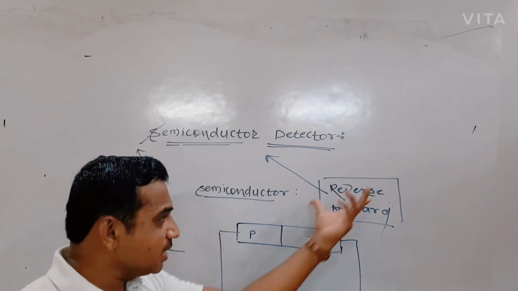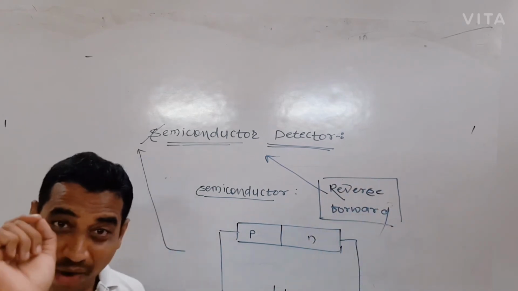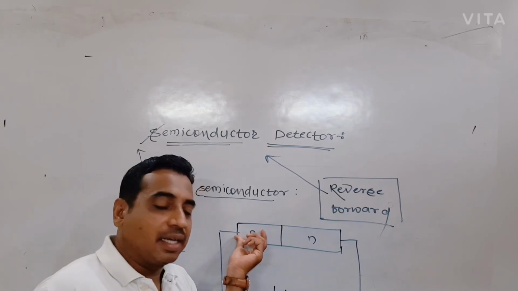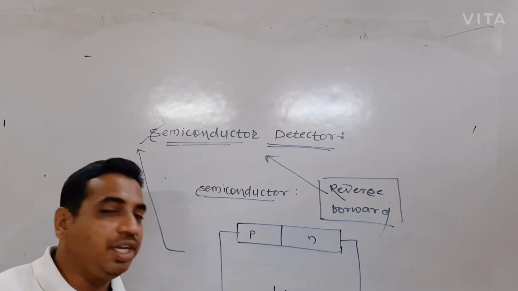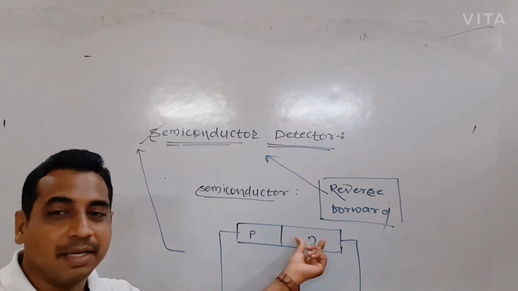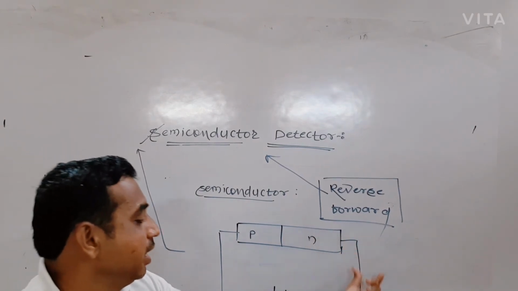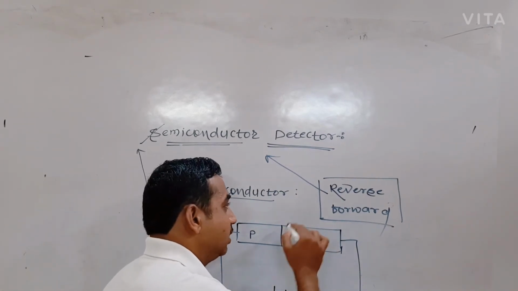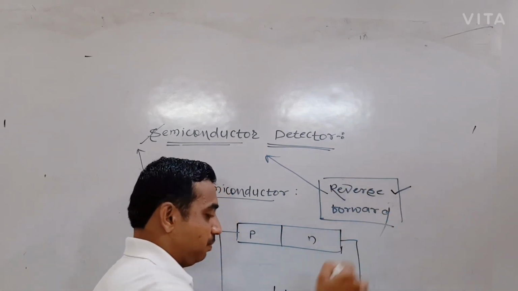So what is reverse bias, what is forward bias? When the P-type semiconductor is connected to the negative terminal of the battery and the N-type semiconductor is connected to the positive terminal of the battery, that is called the reverse bias.